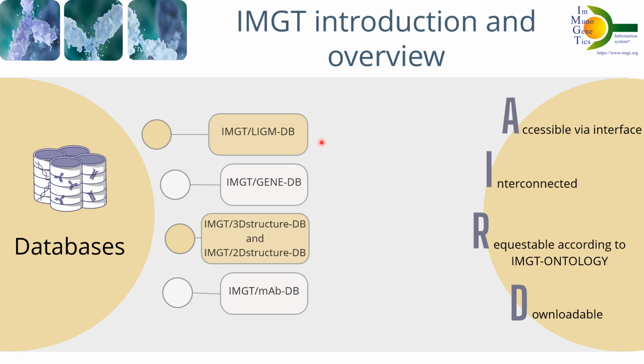I'm giving two words about the IMGT LIGMDB database, which includes sequences from different steps of immunoglobulin and T-cell receptor synthesis. And therefore, this database, which is a nucleotide database, integrates three main categories of sequences.